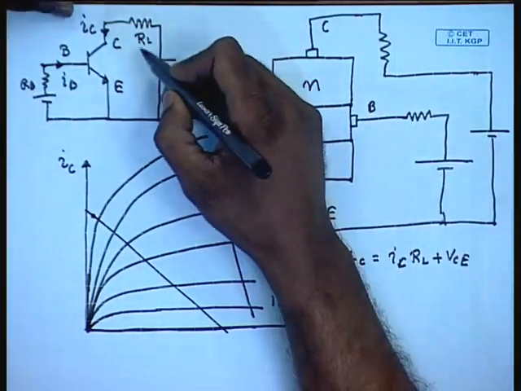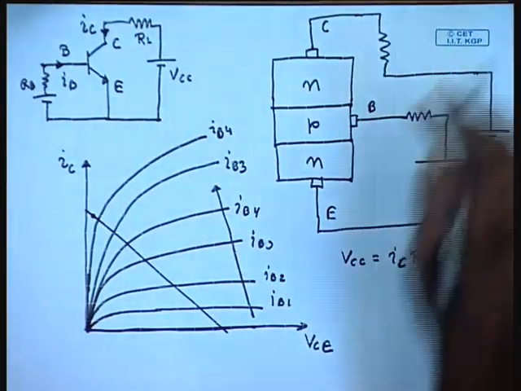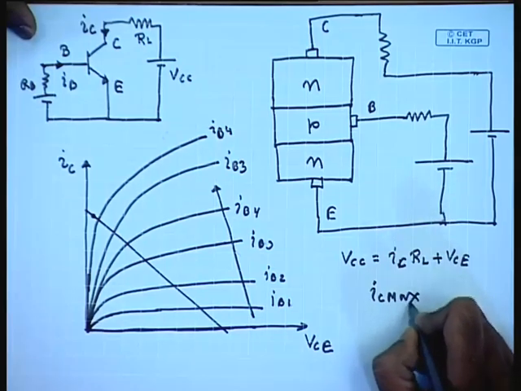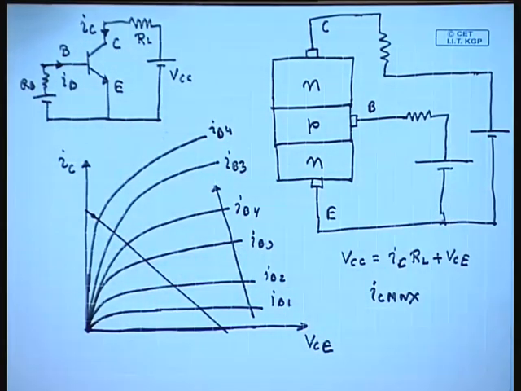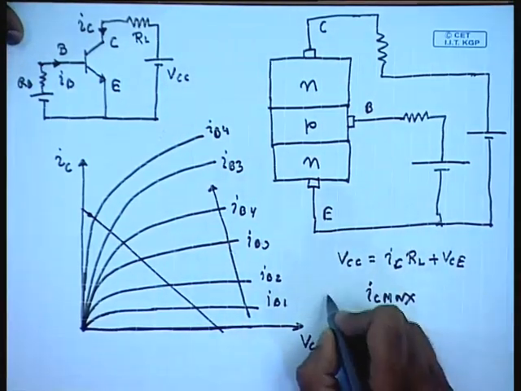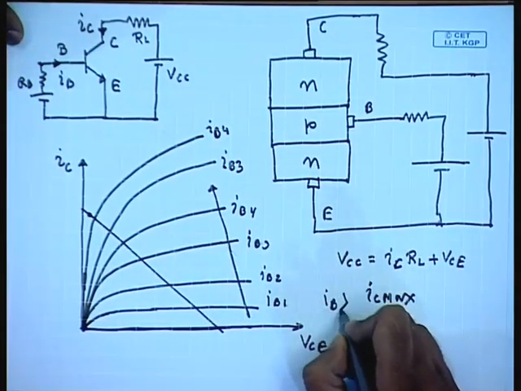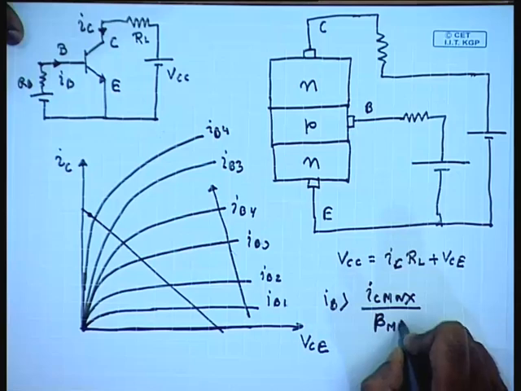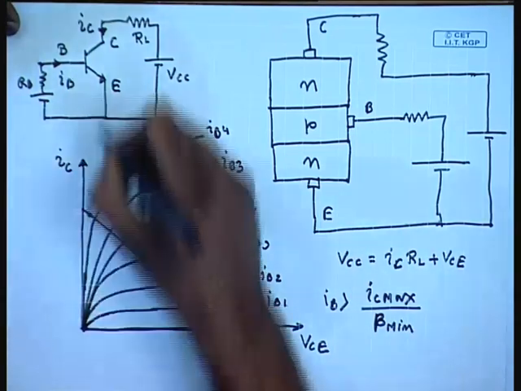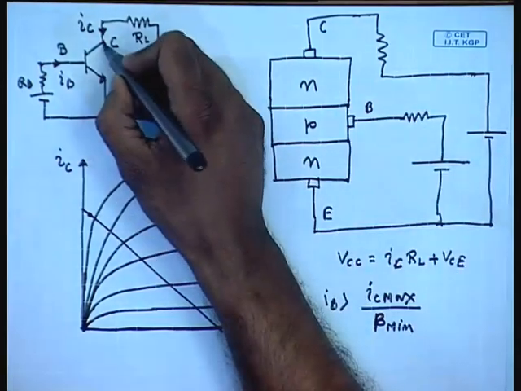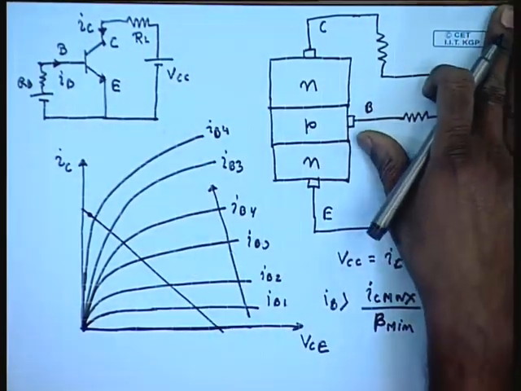So, by knowing the maximum current that can flow through the transistor, if we increase IB to be larger than IC max divided by the minimum current gain, beta minimum, then we can ensure that the drop across the transistor will be very small, and hence in that case it will act as a closed switch.